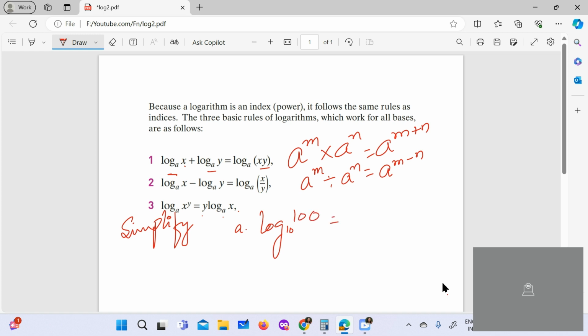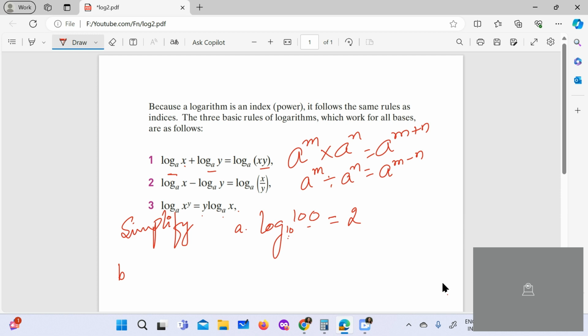What could be the answer? You have base 10 and the answer is 100, so what power of 10 will give you 100? Tell me the answer. Very good.